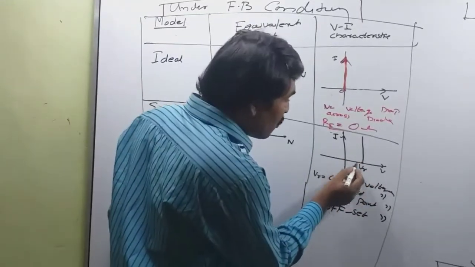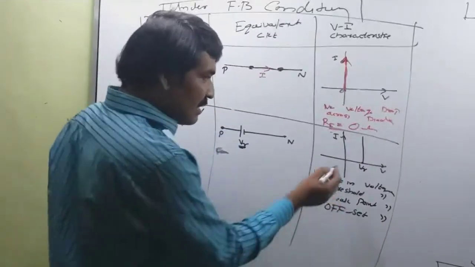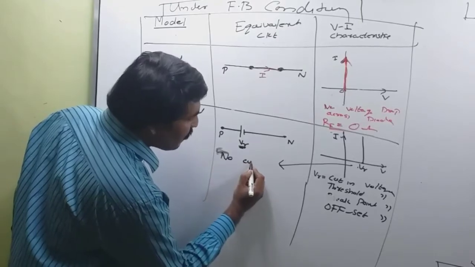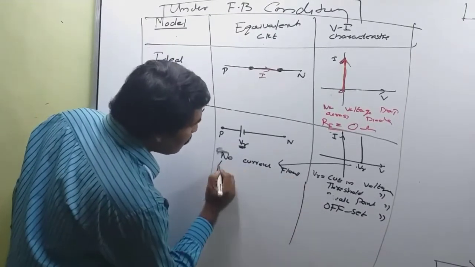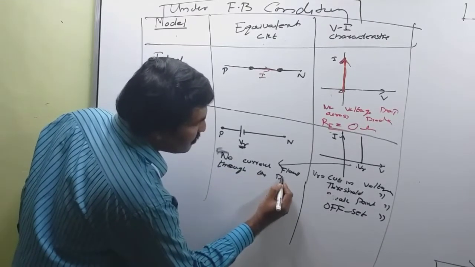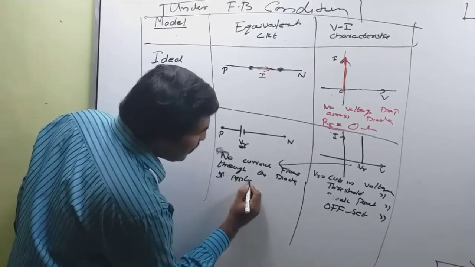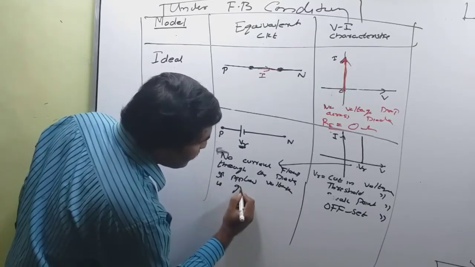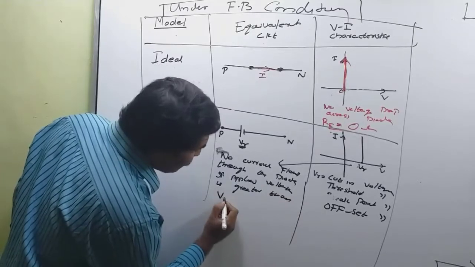Then no current will pass until the applied voltage is greater than VR. That means no current flows through the diode if the applied voltage is not greater than the cut-in voltage VR.